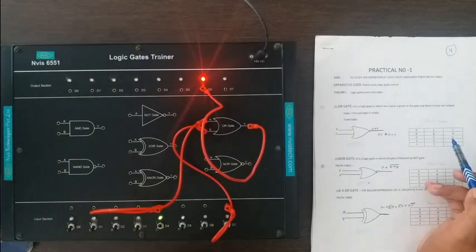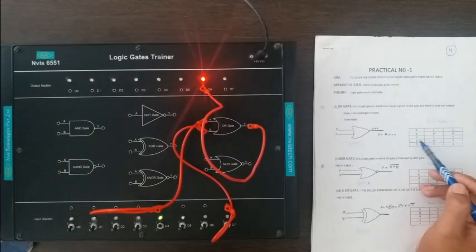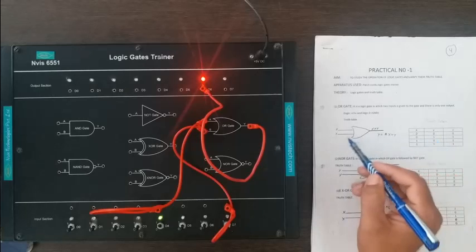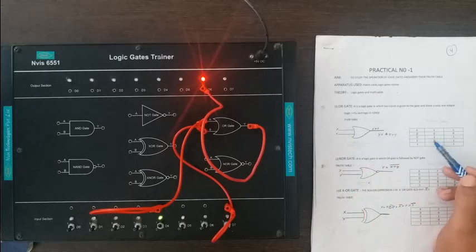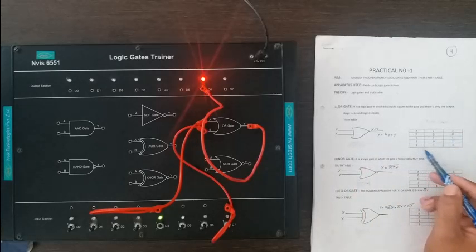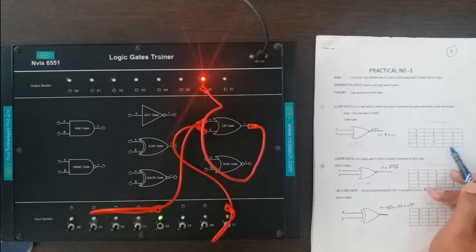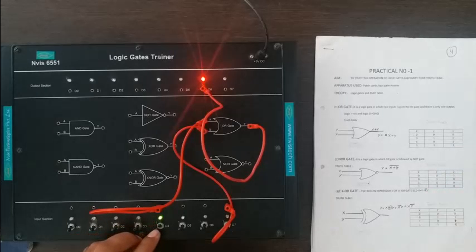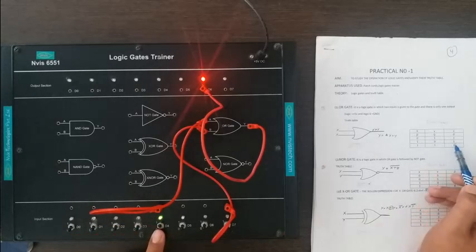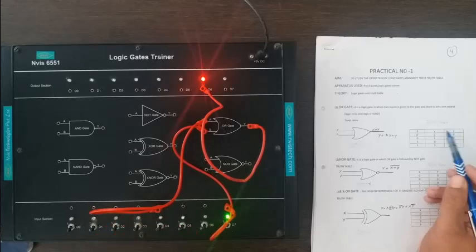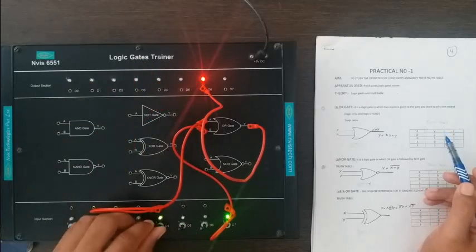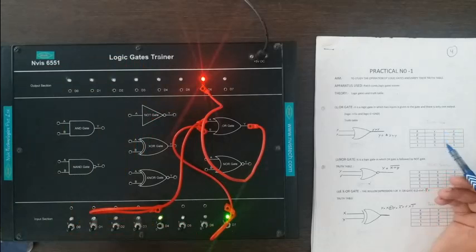When 0 1, if either input of the OR gate is high, your output will be 1. And when both the inputs are high, then your output will be 1 here. So verify here: 0 1, 1 0, 1 1, output is 1.